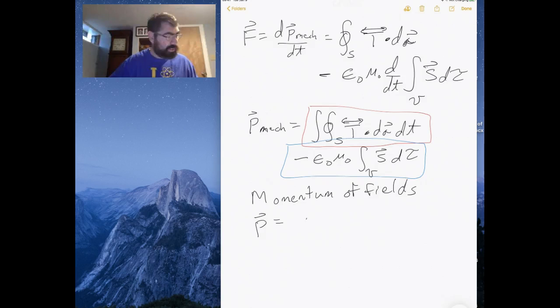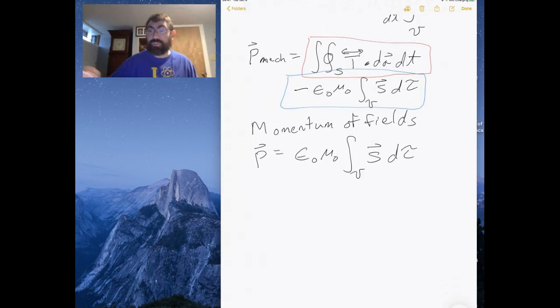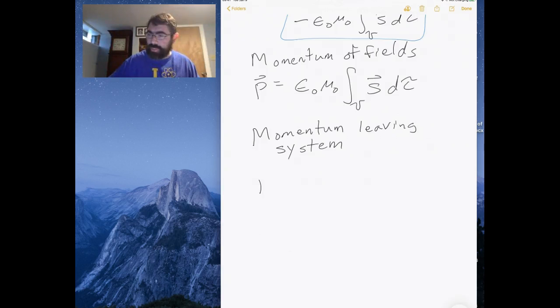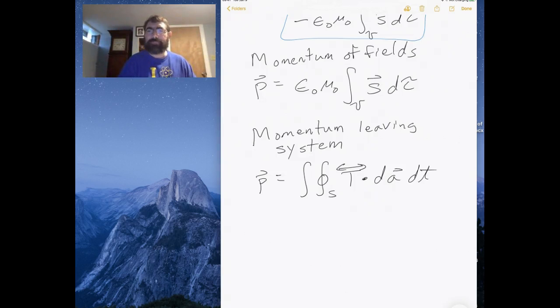So that would be epsilon naught mu naught, the integral over the volume of the Poynting vector, and the momentum flux, or the flow of momentum, so that would be the integral of time as well as the integral over the closed surface area of the Maxwell stress tensor.